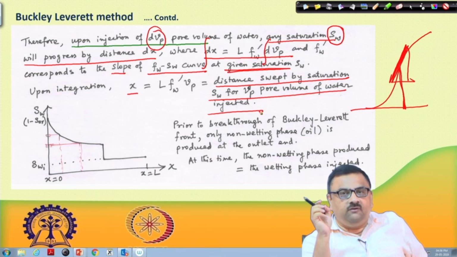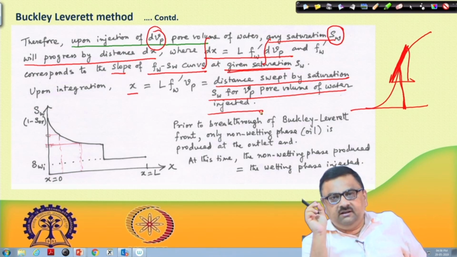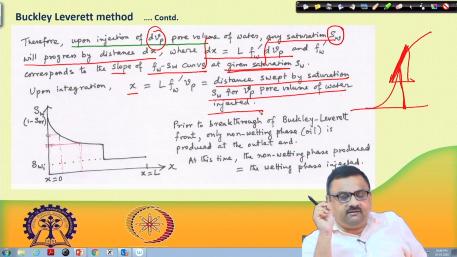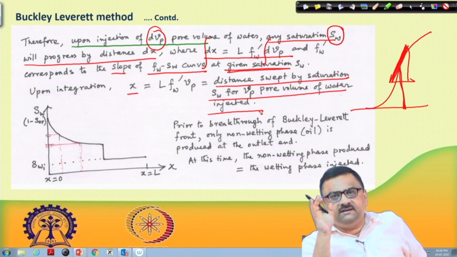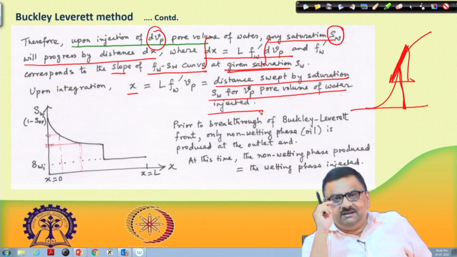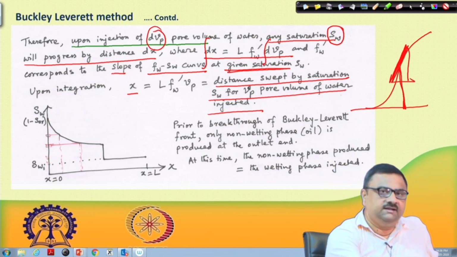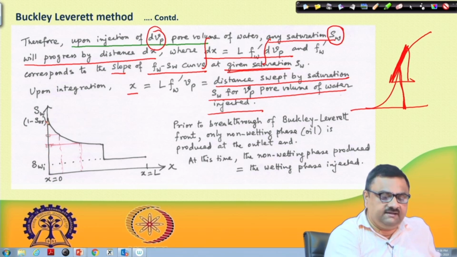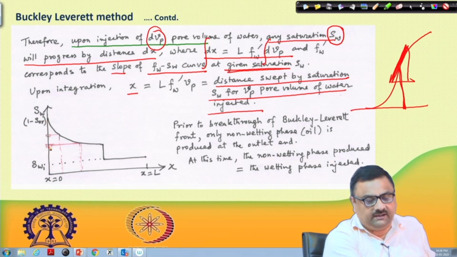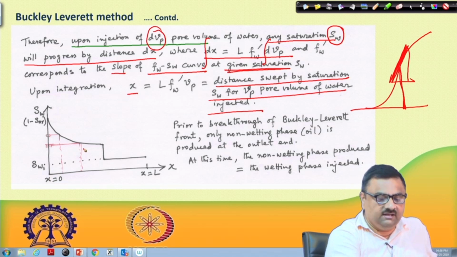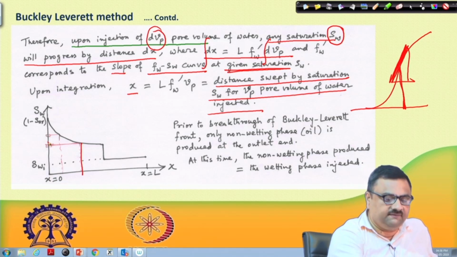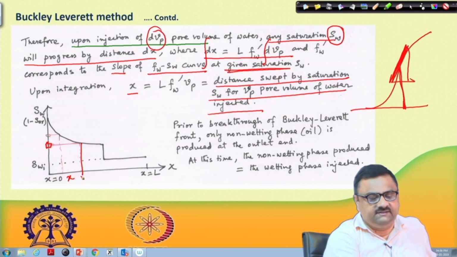So, Vp pore volumes of wetting phase are injected from the left end, and we are trying to find out, for any saturation which lies within the range of Swi and 1 minus Sor, or 1 minus Snwr, how far that saturation packet will travel. So, that distance is x as far as this particular saturation is concerned.